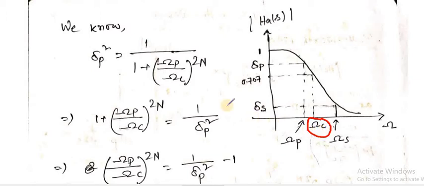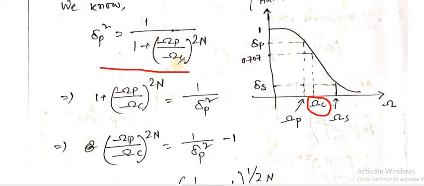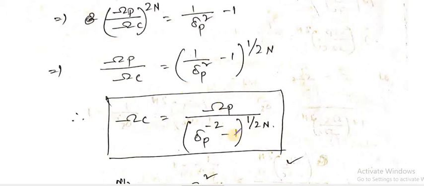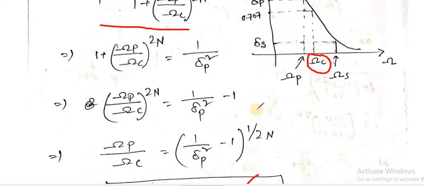Now, by applying this formula for delta p, we can replace this omega by omega c. By doing some algebra, we can calculate omega c in terms of the passband frequency. Why am I taking the passband frequency?